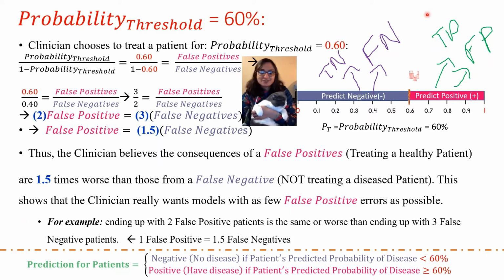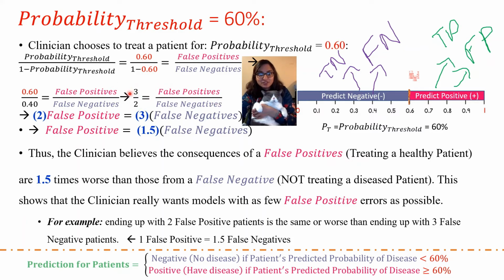So it switches around. And the way we can see and quantify this is by plugging the 60% in as our threshold into the formula. So for probability threshold over 1 minus probability threshold, we plug in 60% over 1 minus 60%, and again set this equal to false positives over false negatives. This is just 60% over 40%, which simplifies to 3 over 2 equals false positives over false negatives.